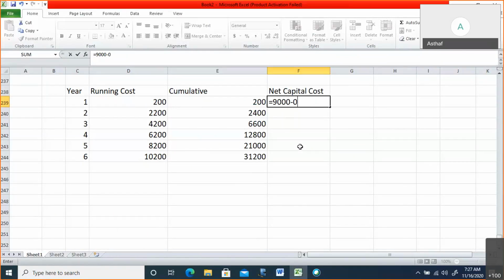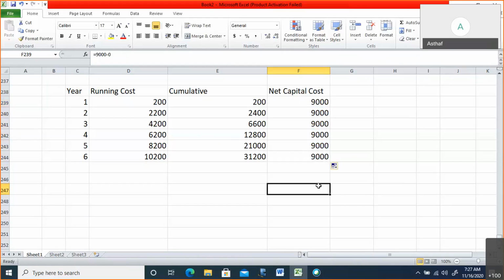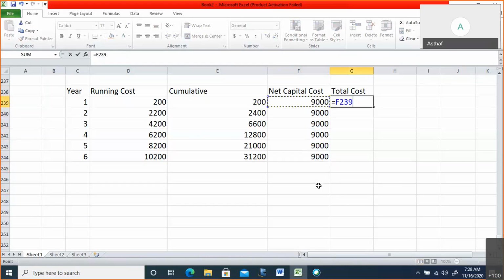Since we have assumed 0, 9,000 minus 0 will be 9,000. This will be 9,000 in all cases because the purchase cost you have to incur. The resale value is not mentioned, so we assume 0. Now we have to move to total cost: your net capital cost plus your cumulative cost gives your total cost.